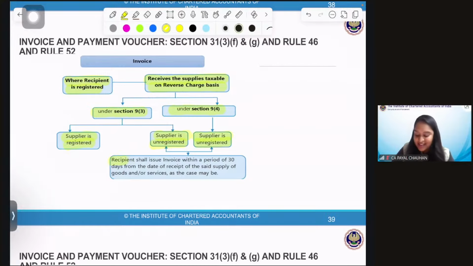In both cases, the recipient shall issue the invoice within 30 days from the date of receipt of said supply of goods or services. Now remember, we did it in the last class. Under section 9(4), you'll be taking the supply from an unregistered person only. In that case, you'll issue a payment voucher also and the invoice also.